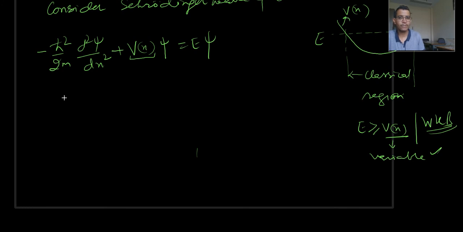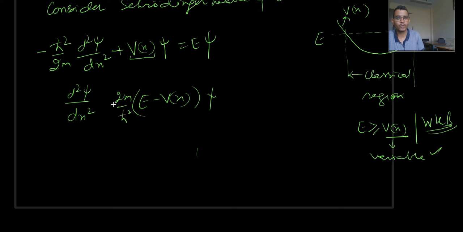So here I can write d square psi over dx square equals minus 2m over h cross square times E minus V(x) times psi. It can be written as d square psi over dx square equals minus the square of the square root of 2m(E minus V(x)) over h cross, where V is a function of x.